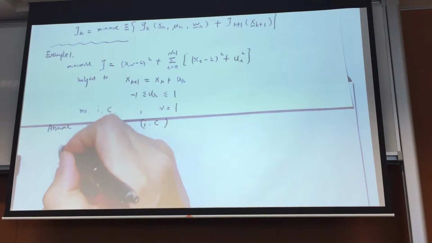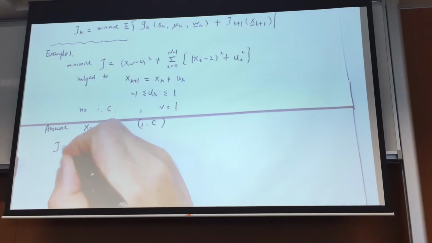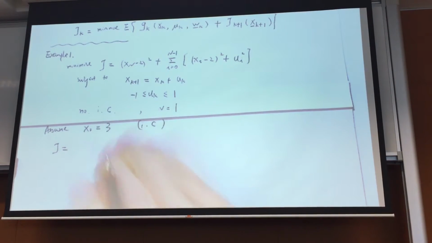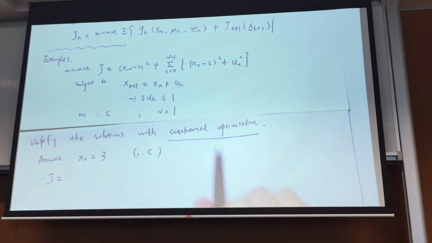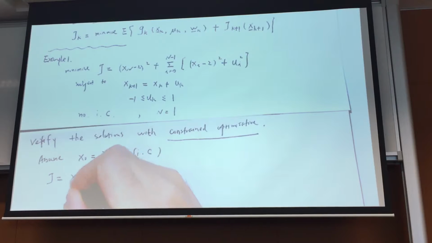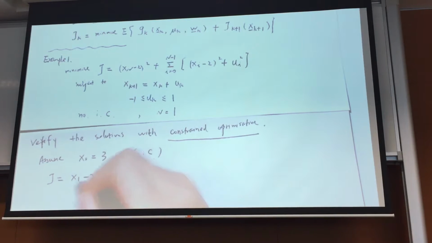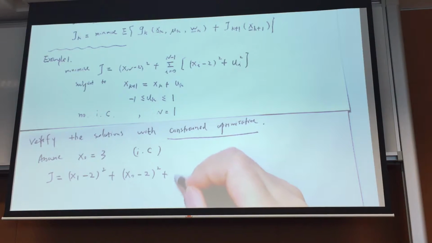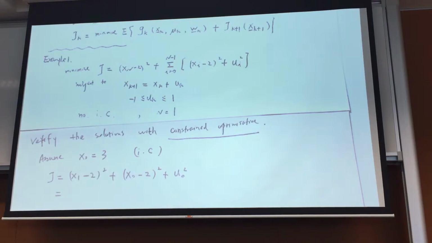So our cost function J, with n equal to 1, is given by x1 minus 2 squared plus x0 minus 2 squared plus u0 squared.